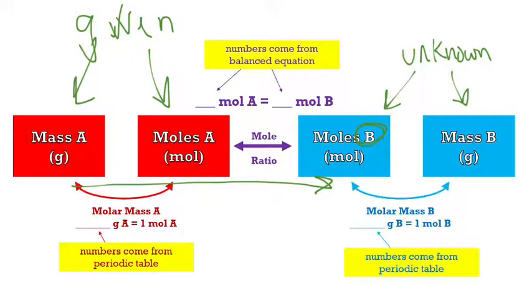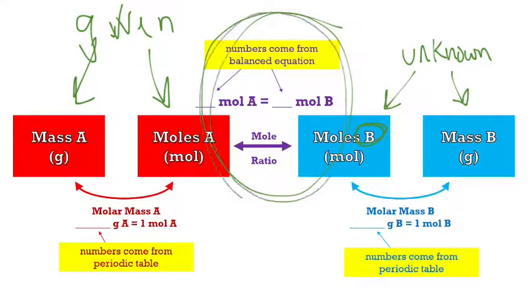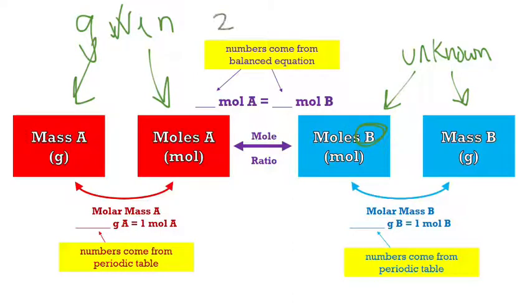And every single question we work, all of this stoichiometry stuff, is always going to involve two different substances, an A and a B. And because of that, every single question that we work out is going to have this mole ratio in it, where we look at the balanced equation and it tells us, for example, 2A plus 1C makes 3B.